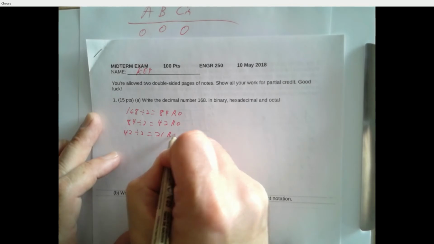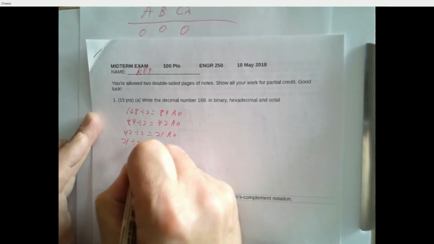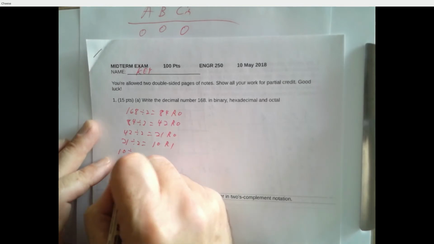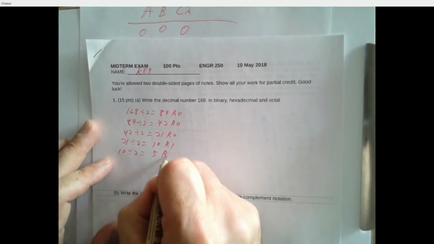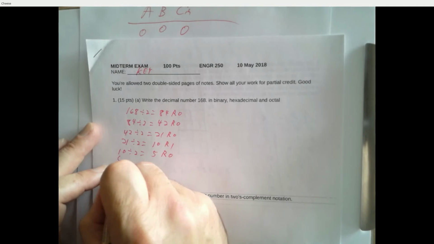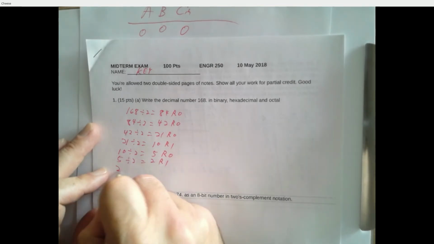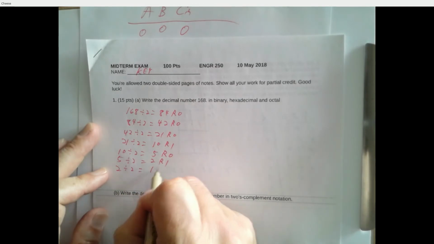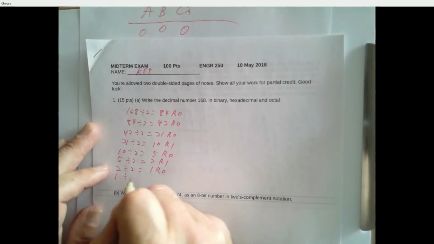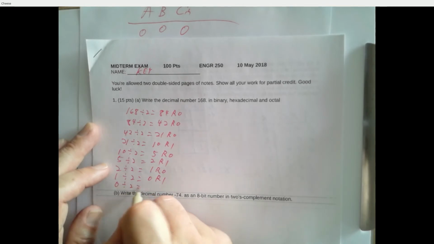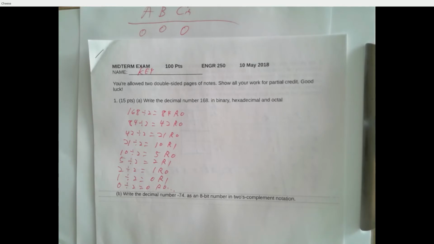And then 21. And then a remainder of 1. And then 5 with a remainder of 0. Remainder of 1. Remainder of 0. Remainder of 1. And then we're going to get 0 with a remainder of 0 forever after.